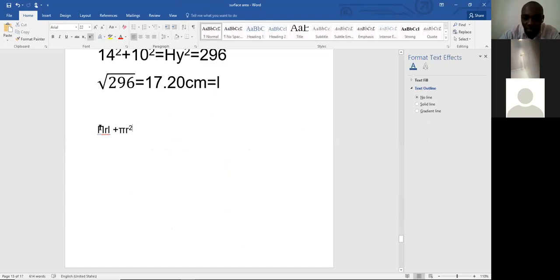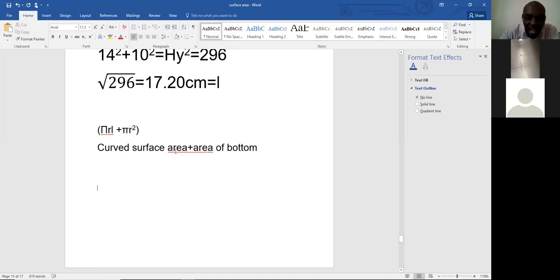Let me put this one in a bracket here. Or we are going to find the curved surface area and then add the area of the bottom, because the bottom of a bucket is closed, it is not open.